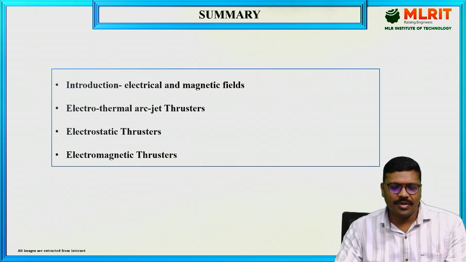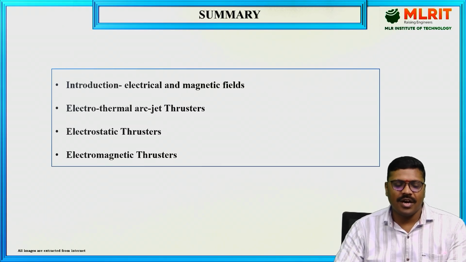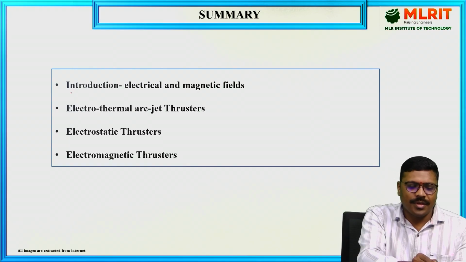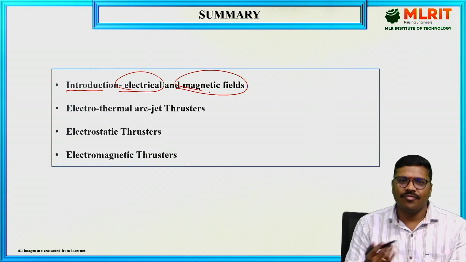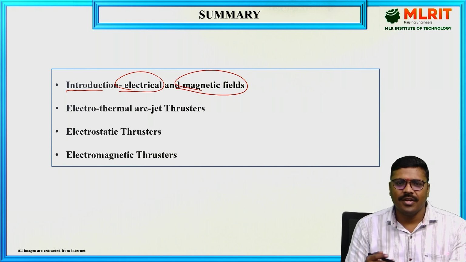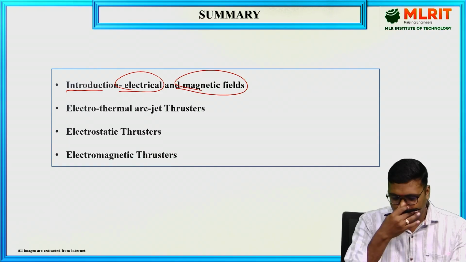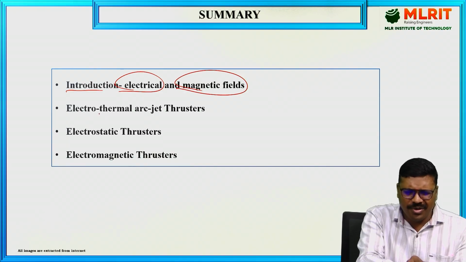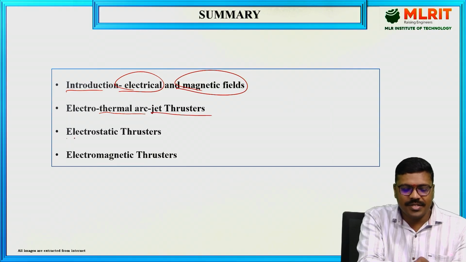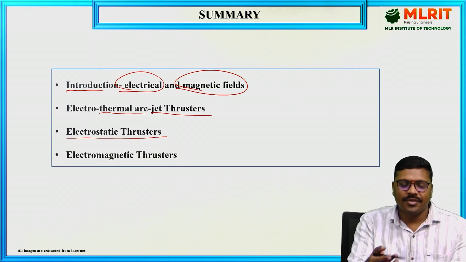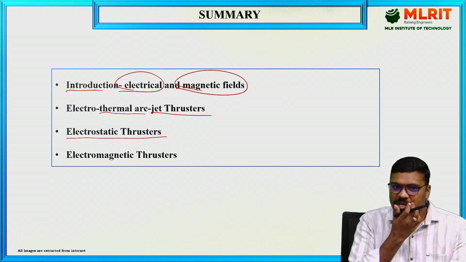So, coming to the summary of today's lecture. We have gone through the introduction of electrical and electromagnetic fields: what is an electrical field, what is an electromagnetic field, and how the electrical and magnetic fields lead to the acceleration of the charged propellant. Next, we went through electrothermal arcjet thrusters, and we discussed electrostatic thrusters, how the grids generate the thrust.